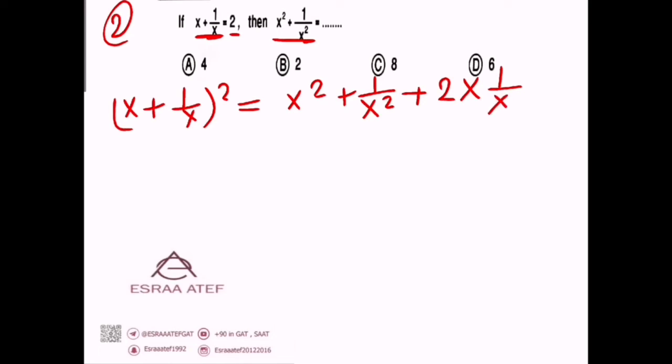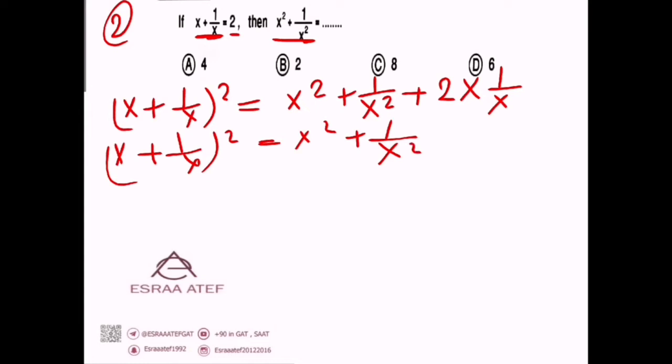Okay, we will write it again to solve it. x squared will be the same, 1 over x squared will be the same, and here x will go with x, so the remaining is 2. And then how can we solve it?